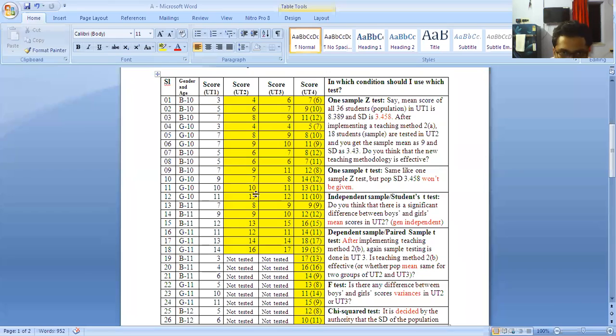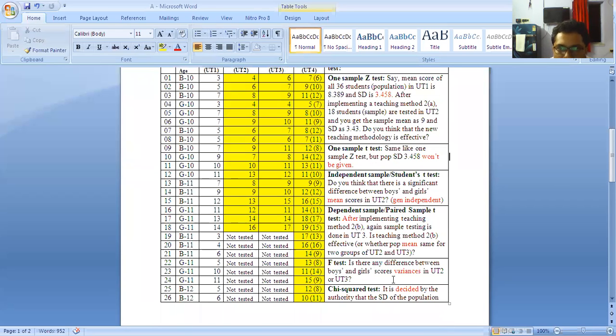You take the responses before implementing the drug and after implementing the drug. It is just like before the teaching method 2B and after using the teaching method 2B. Whether this mean and this mean are different at population level, that you are trying to test. So this is your dependent sample or paired sample T test.